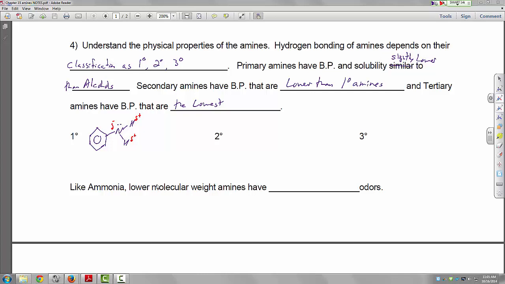And so I can draw another aniline molecule here, and we have hydrogen bonding between two aniline molecules like that. Or I can put another one down here.